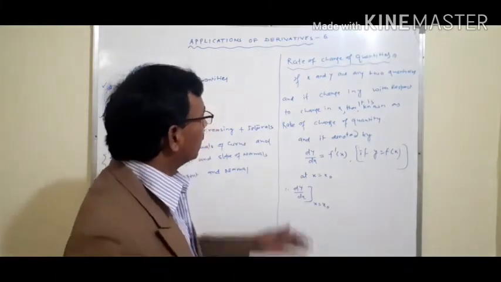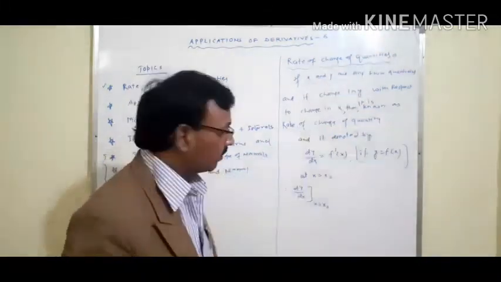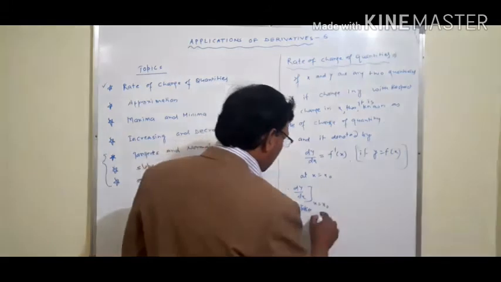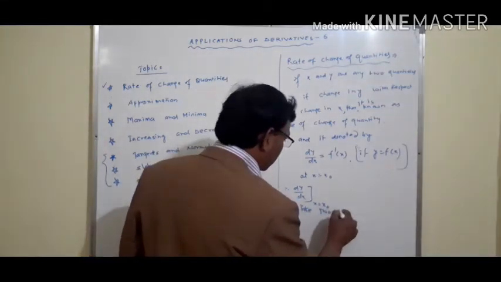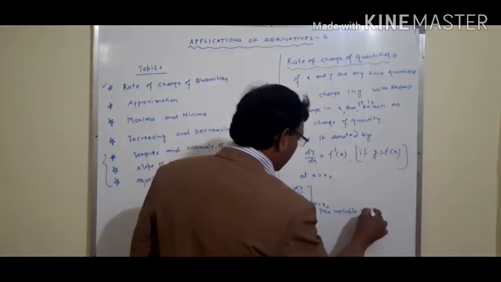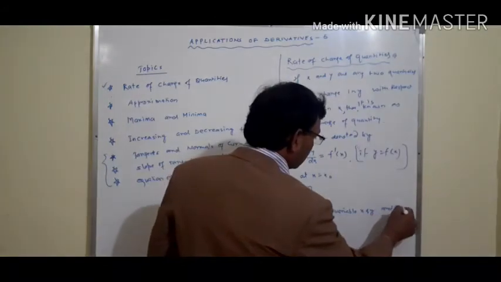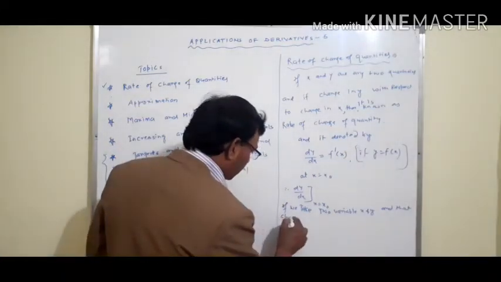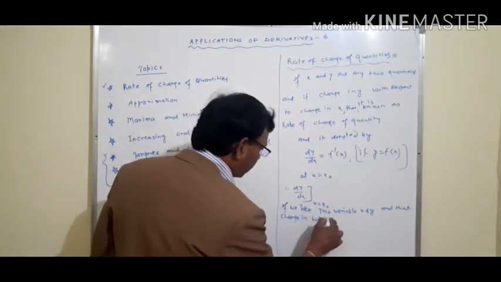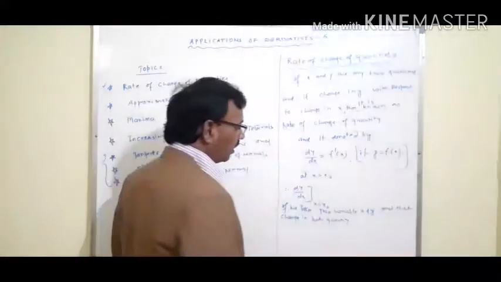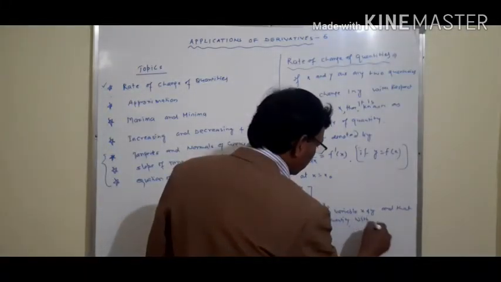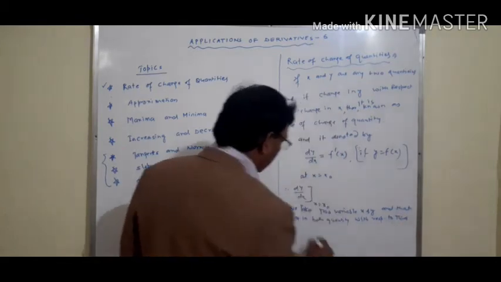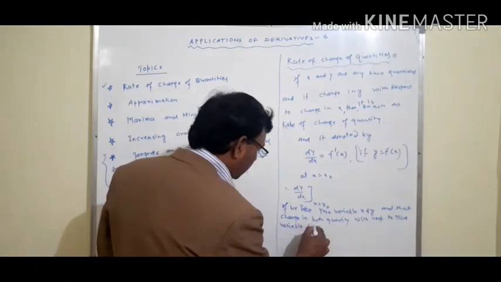Now, in this sequence, here there are two variable quantities. Suppose we take two variables x and y, and both quantities change with respect to a third variable t.